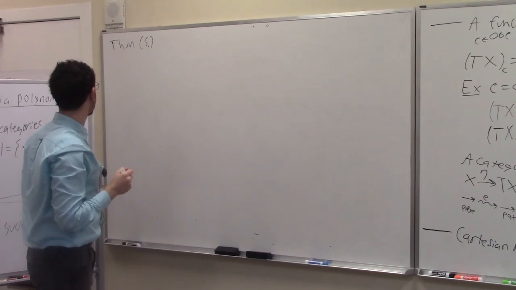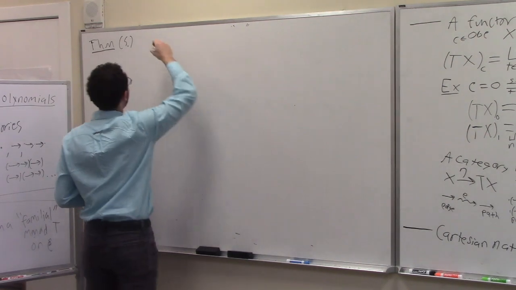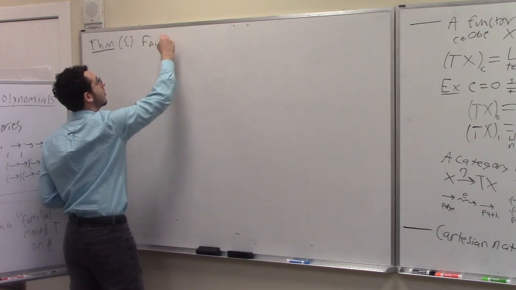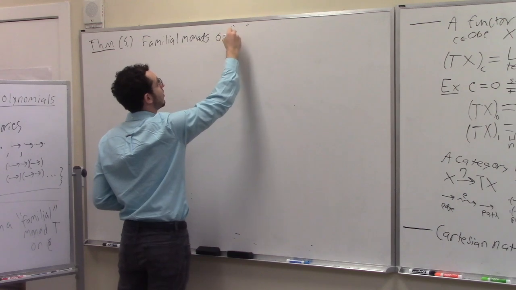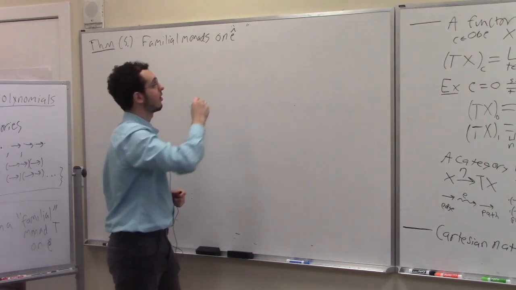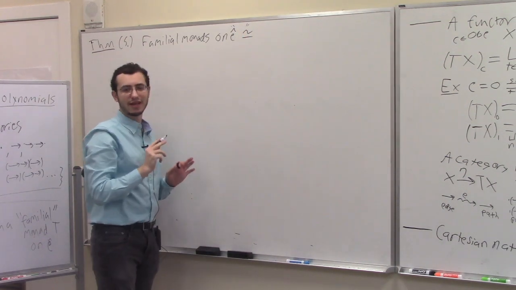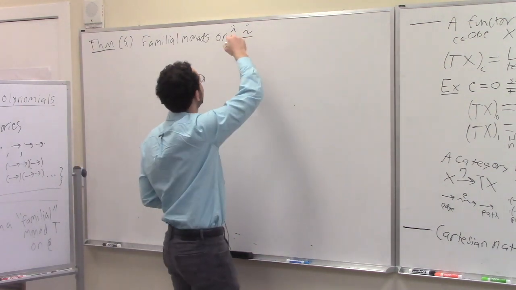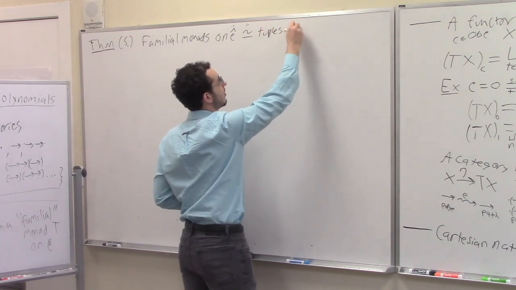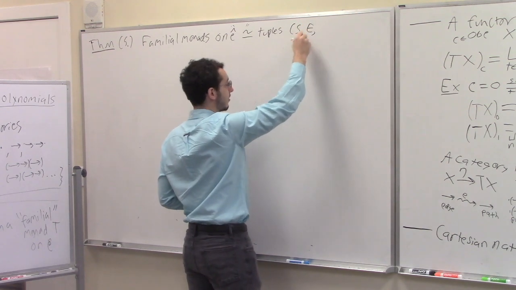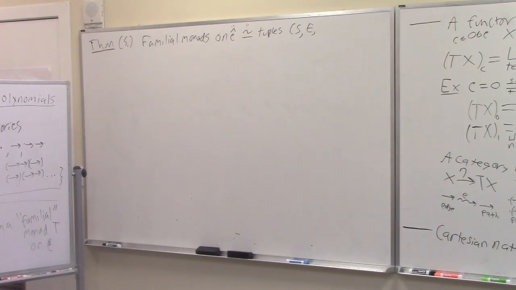So my main theorem for this talk is that we don't have to do it as a monad, because familial monads on diagrams over C can be completely described, and by this I mean an equivalence of categories, though I won't get too much into what the categories are. These can be completely described by tuples of S and E. S is a functor from C op to set.